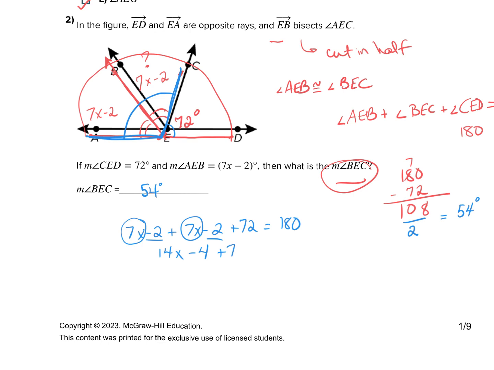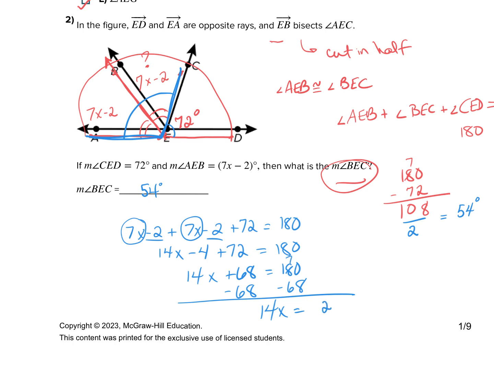Plus 72, so I can combine those as well. 72 minus 4 would give me a positive 68. Subtract 68 from both sides, and I get 14x is equal to 112. And my last step, dividing 112 by 14, I get x is equal to 8.